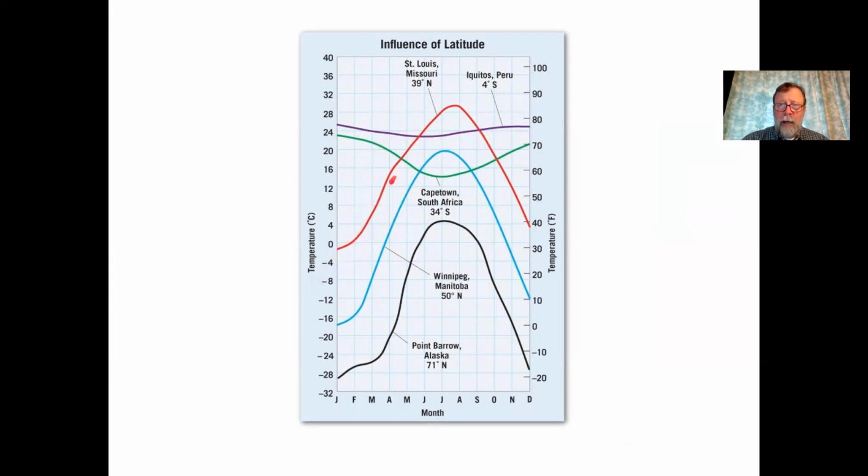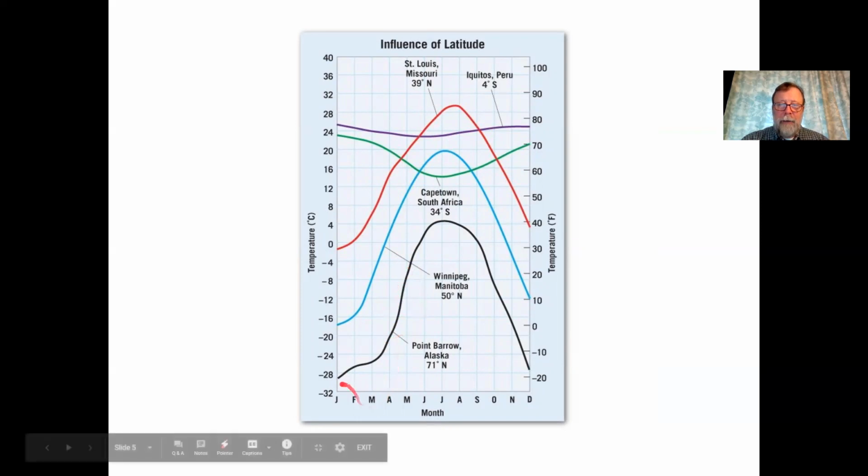So, of course, what is happening, this is St. Louis, Missouri, Winnipeg, Manitoba in Canada. This is Point Barrow, northern Alaska. And down here you have months of the year. I literally once had a student ask me what the word J-F-M-A-M-J-J-A-S-O-N-D was. And you see here, J-F-M-A-M-J-J-A-S-O-N-D, well, that's the months of the year, January, February, March, and so forth.